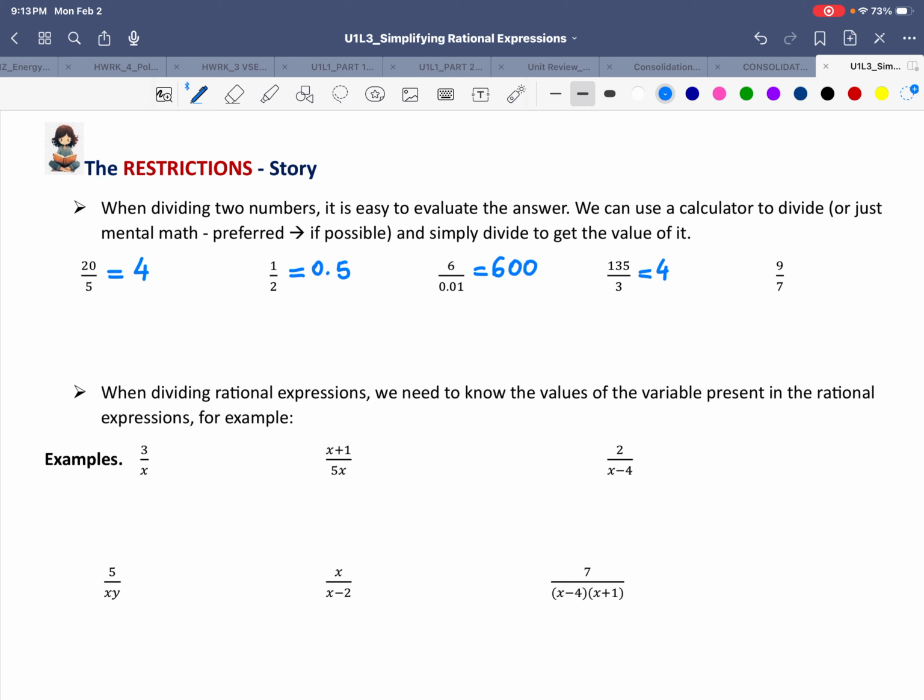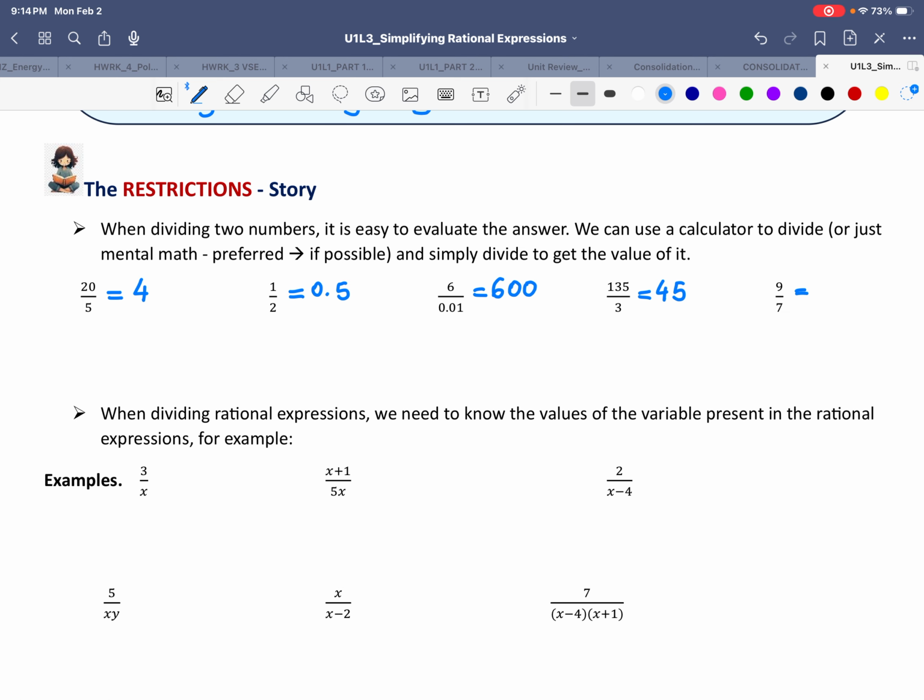It seems that it's going to be a 45. And 9 divided by 7, it's going to be 1 and 2/7, which is the mixed number. And there you go, we performed the division.